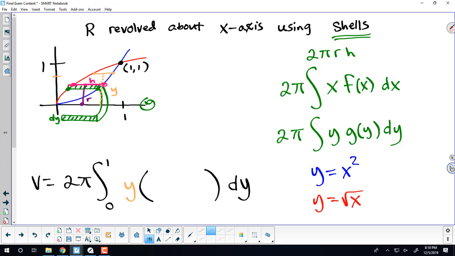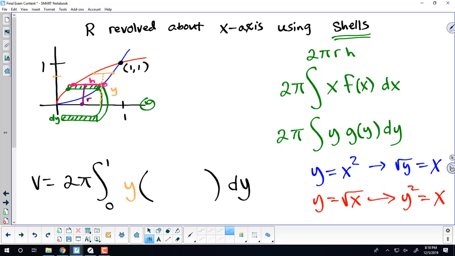Okay, so we don't want to say this, we want to say that x is y squared. So that's the left, and our right is the square root of y. So this is the radius, this gold y here.